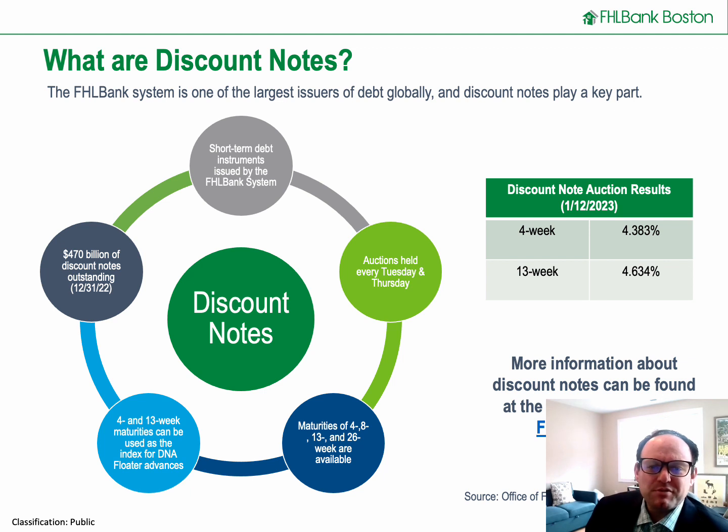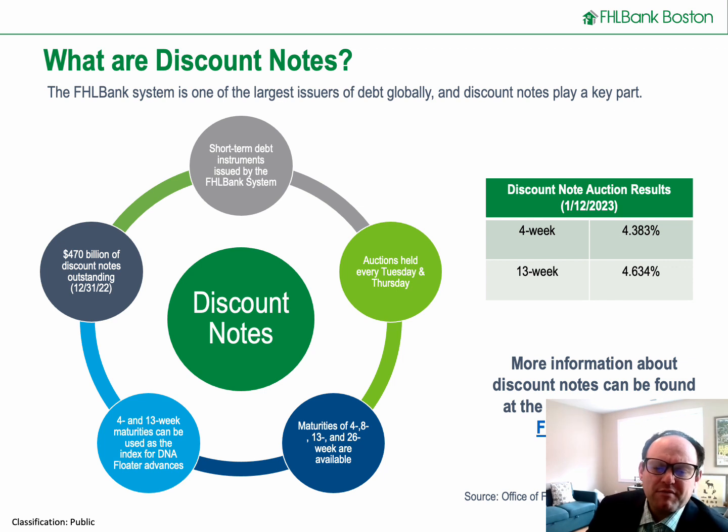We'll stick with the question format and ask, what are discount notes? If you're unfamiliar with that terminology, essentially they are simply short-term debt instruments that are issued by the FHLBank system in order to fund our balance sheet to be able to provide advances to our members.